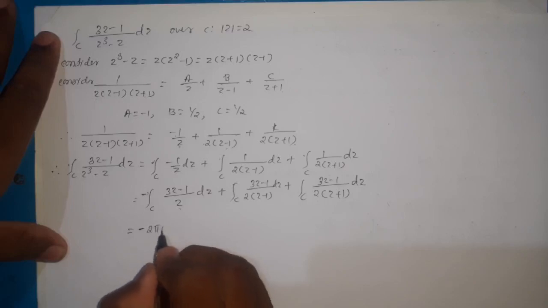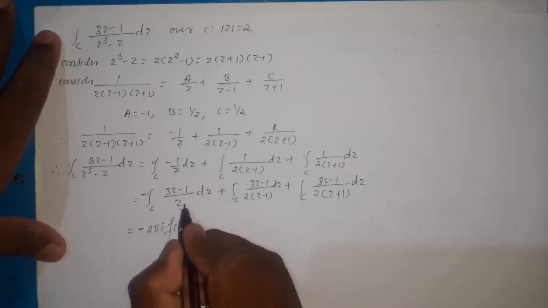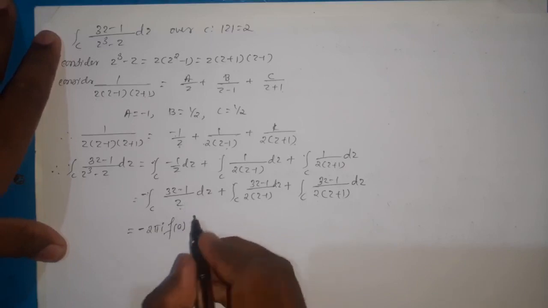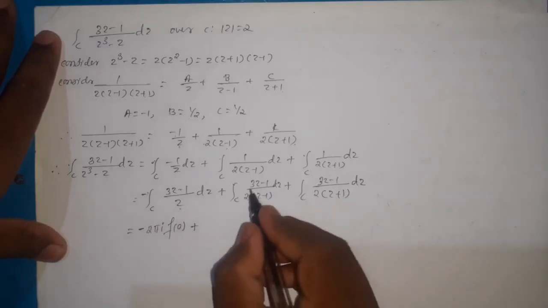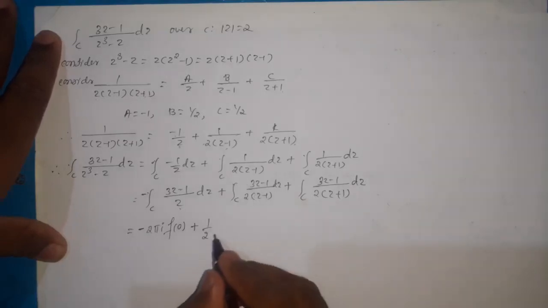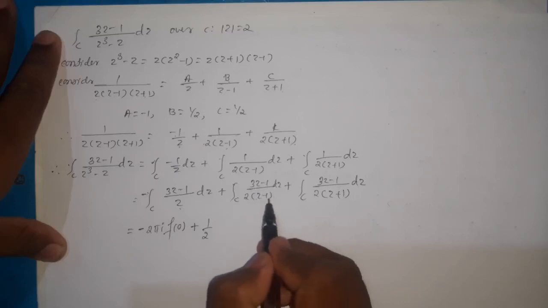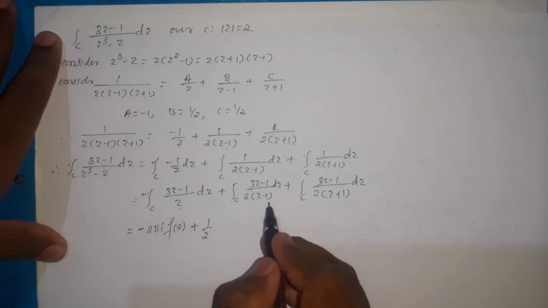So here 2 pi i f of a, where a is 0 because it is z minus 0. Plus here, 1 by 2 is a constant. Let us write that one as it is. Then the integral becomes (3z minus 1) divided by (z minus 1), which is of the form f of z divided by z minus a.